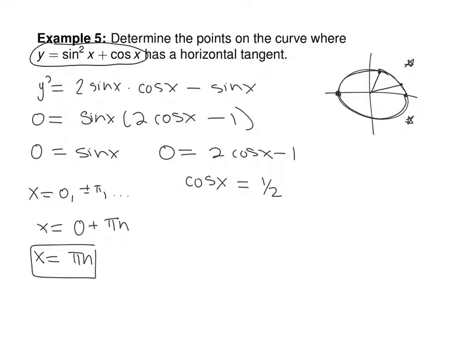It's the top one, it's pi over 3. So x is pi over 3, plus in this case 2 pi n. And then down here, you could express that one as either negative pi thirds or 5 pi thirds. I don't care which one you use.